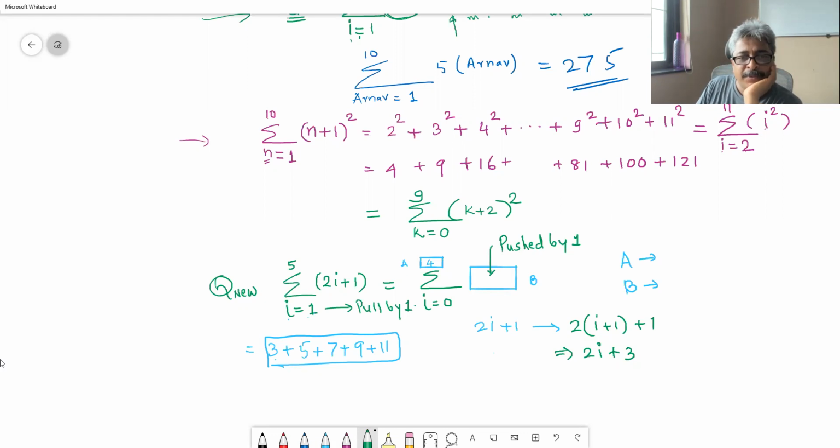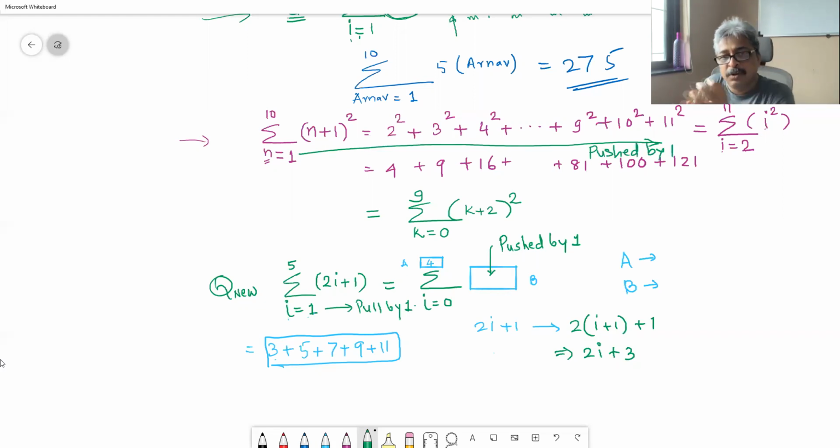In the earlier problem, the index was pushed by 1, 1 became 2. Therefore, the bracket, whatever bracket is there, you pulled by 1. n plus 1 became n, i plus 1 became i.